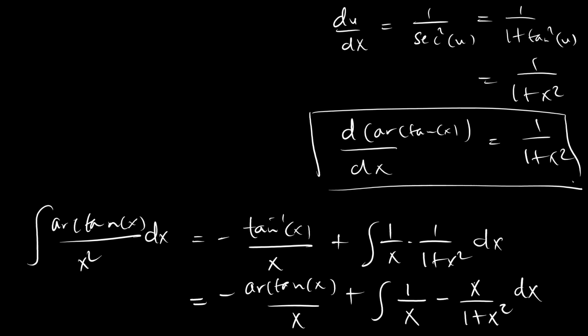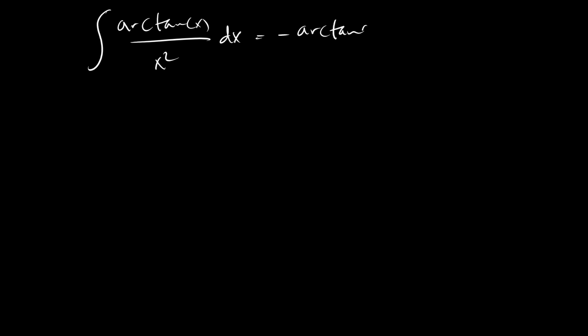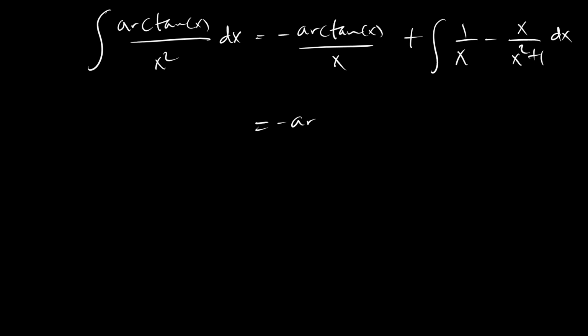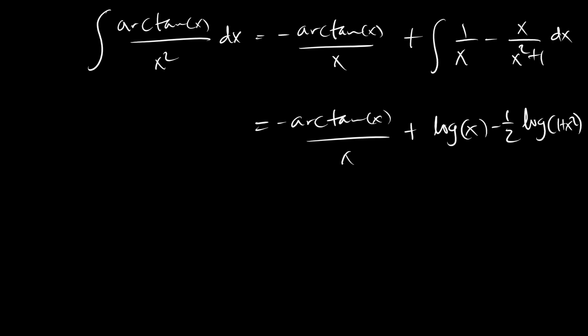So with that in mind, our integral of arctangent of x over x squared is equal to arctangent of x over x plus 1 over x minus x over x squared plus 1, or 1 plus x squared, whatever way we want to look at it, which is natural log of x minus a half natural log of 1 plus x squared plus c.